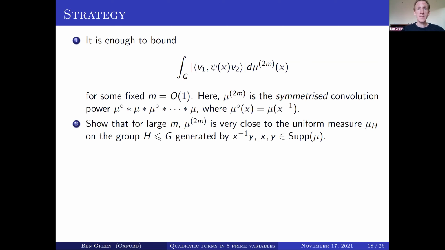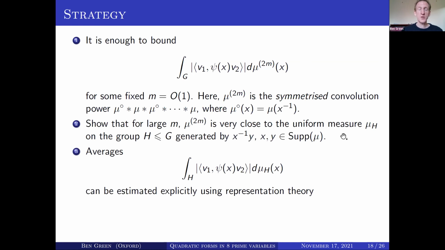So then you need to understand those high convolution powers. And what one can then hope to show is that those convolution powers converge to something. In many situations, including ours, they're going to converge to the uniform measure on a group H. And in fact, that group H is going to be the one that's generated by the support of the original probability measure.